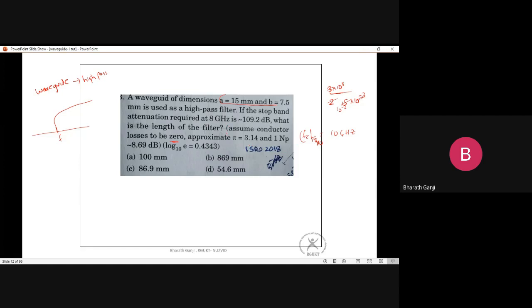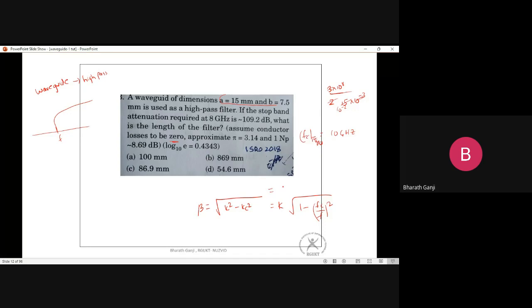So what will be the propagation constant? If you try to calculate, beta is nothing but square root of k squared minus kc squared. Okay, so let us try to find it in that scenario. If I take k common, I get k times square root of 1 minus (fc by f) whole squared.